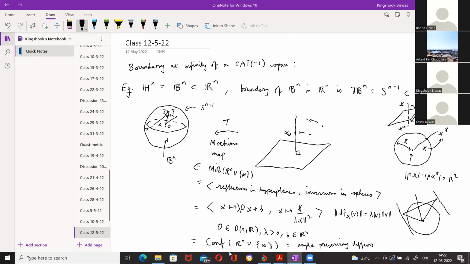We know that inversion in the unit sphere preserves angles. So therefore, the Mobius group preserves angles. What is quite non-trivial, what is Liouville's theorem, is the converse: any conformal map of Rn union infinity is a Mobius map. So this is a theorem of Liouville.